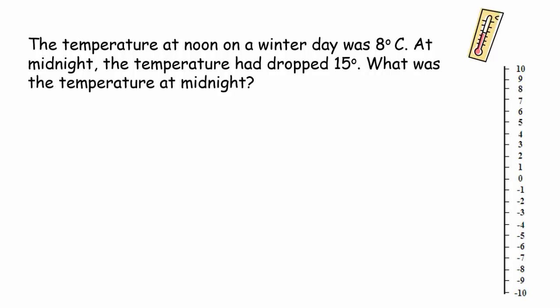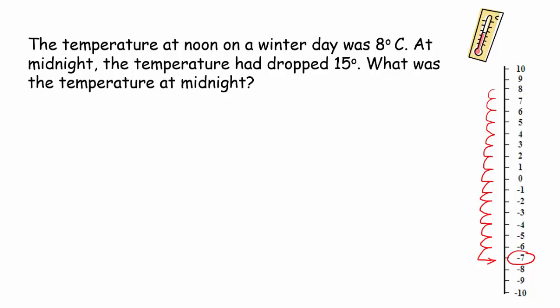All right, hopefully you paused the video. Well, at noon, I'm up here at 8. And then from there, I drop 15. I dropped 1, 2, 3, 4, 5, 6, 7, 8, 9, 10, 11, 12, 13, 14, 15. Woo, I'm way down here at negative 7.